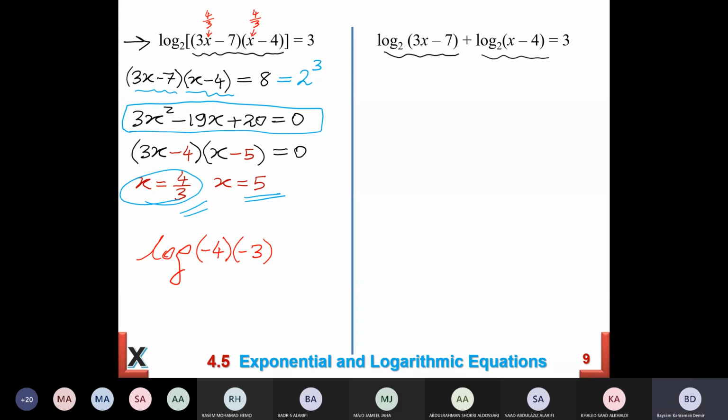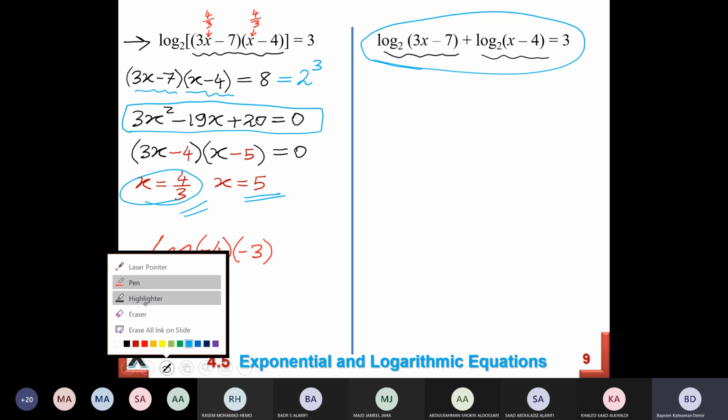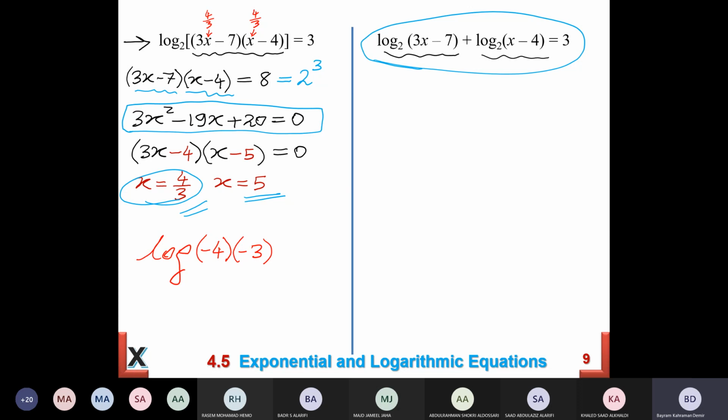Now look at this equation. It will give you the same solutions, because the first thing you need to do is write it as the logarithm of (3x minus 7) multiplied by (x minus 4) equals 3, base 2.